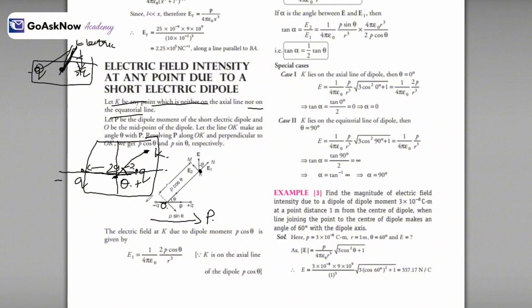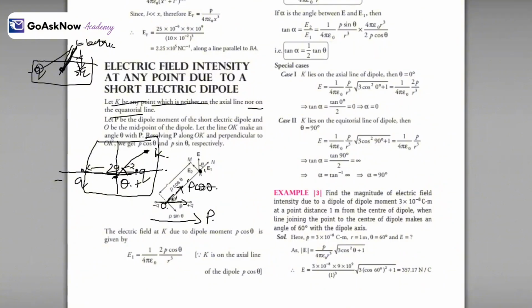See here, P direction is like this, and this is theta. If you take the components of P via this theta angle, then in the axial direction of this K point it will become P cos theta.